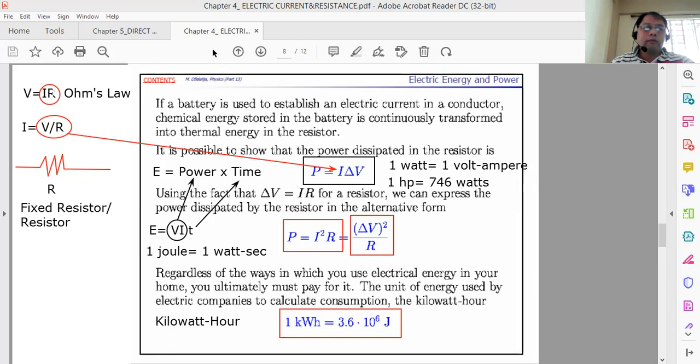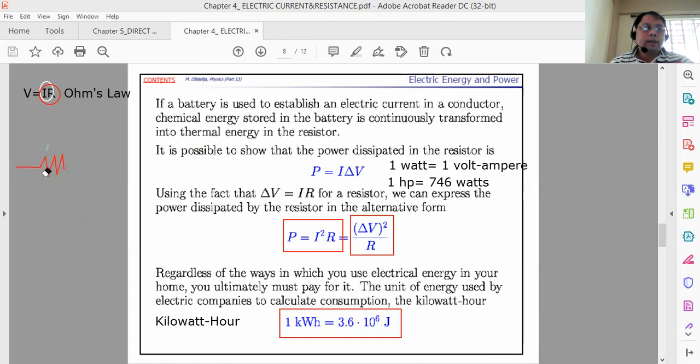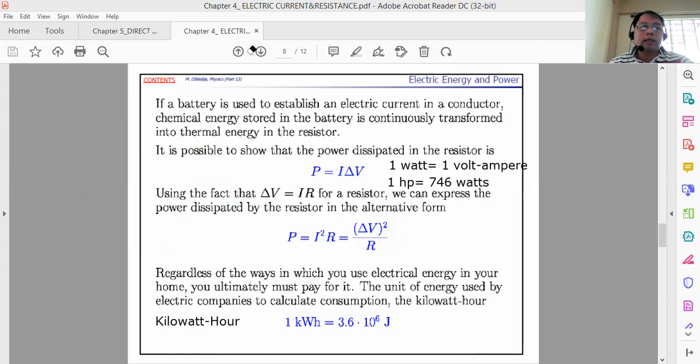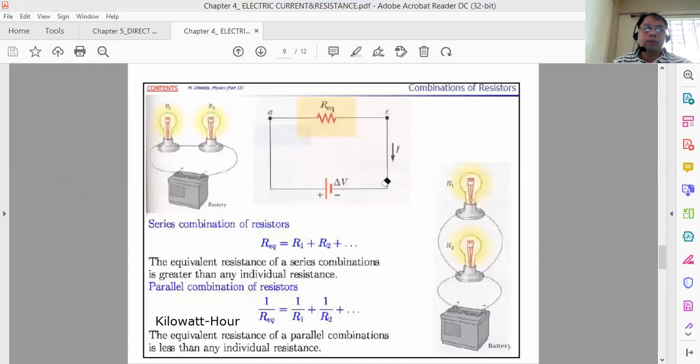Okay, now moving forward. Again, we introduced the concept of our resistor, and maybe in our next slide we will encounter one. So here is again a picture of a resistor now in a circuit form.